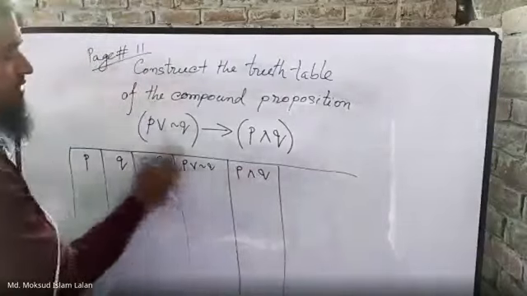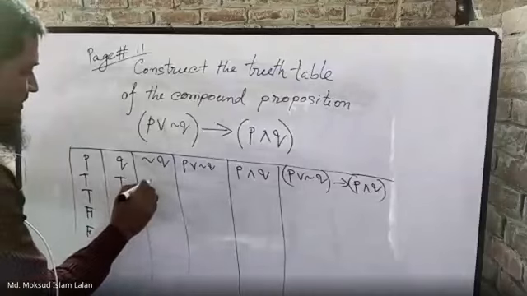After finishing this, then you can make the last line. So negation of Q means just opposite, right? Yes, sir.